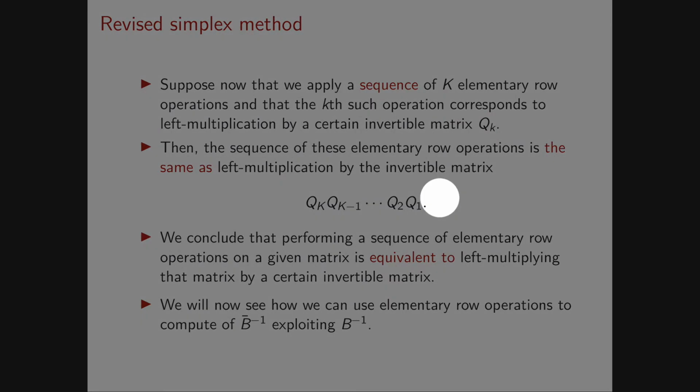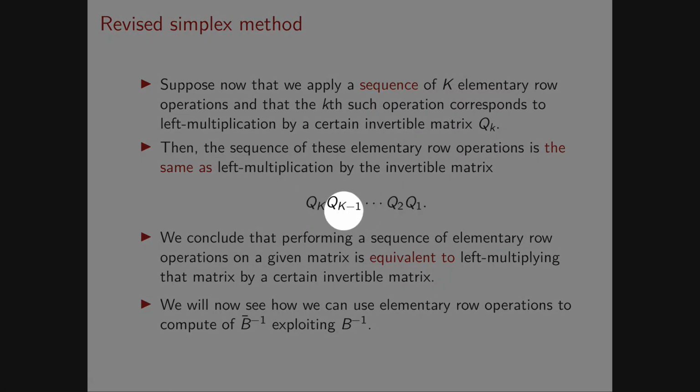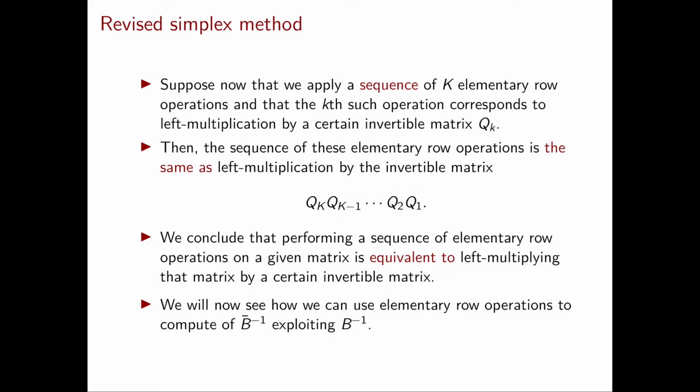And this is simply because you start from your matrix, you first multiply on the left by Q1, then by Q2, and so on, you keep multiplying on the left by the next matrix Qk. Since all these matrices are invertible, then so is their product. So also performing a sequence of elementary row operations is equivalent to left multiplying by a certain invertible matrix.